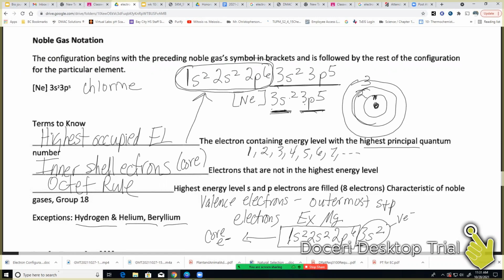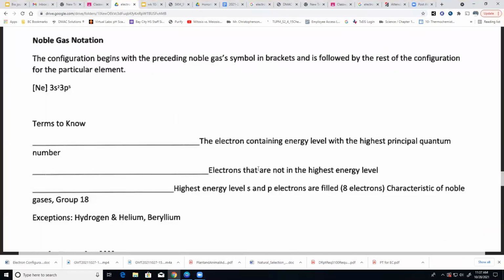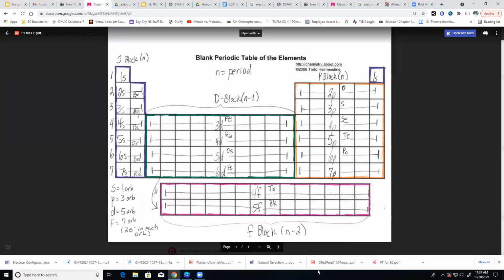All right, let's work a couple together and then y'all can give it a try. I'm going to switch to my periodic table because I can write all over mine and erase it.